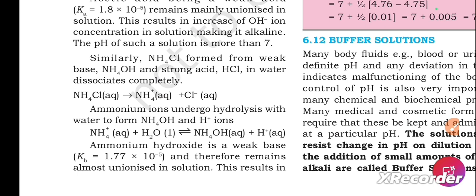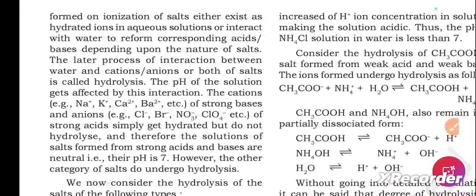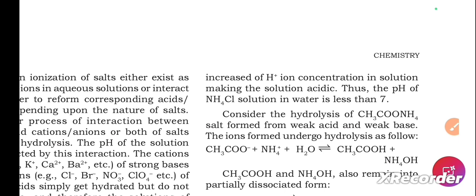NH4+ plus H2O gives rise to NH4OH plus H+. This is a reversible reaction. Ammonium hydroxide is a weak base and therefore remains almost unionized in solution. This results in increase of H+ ion concentration in solution, making the solution acidic. Thus, the pH of NH4Cl solution in water is less than 7.